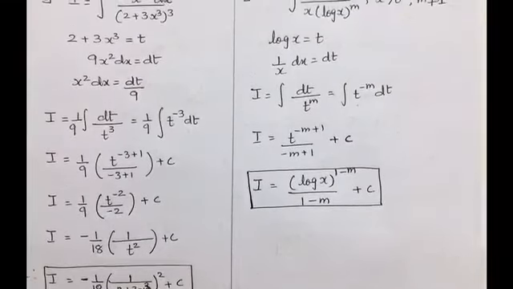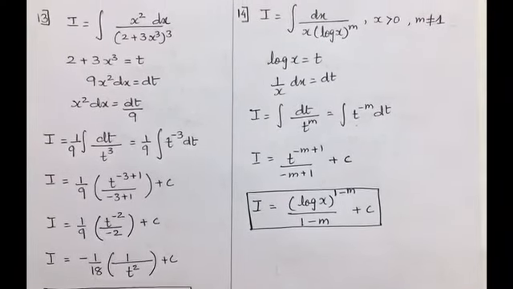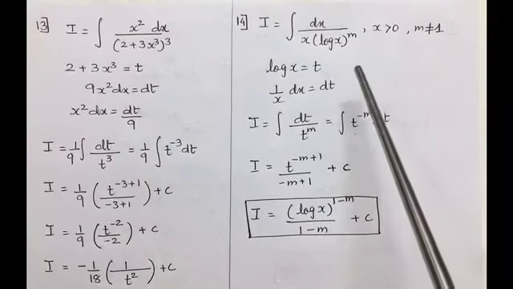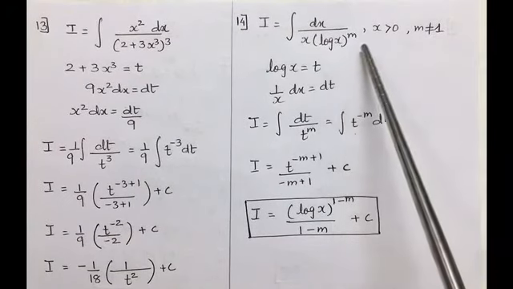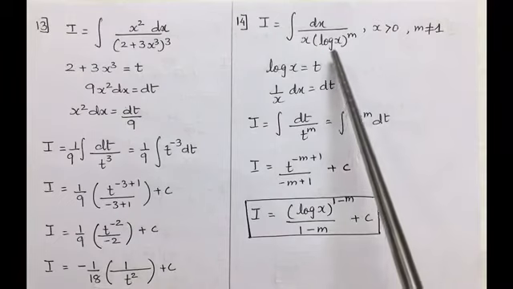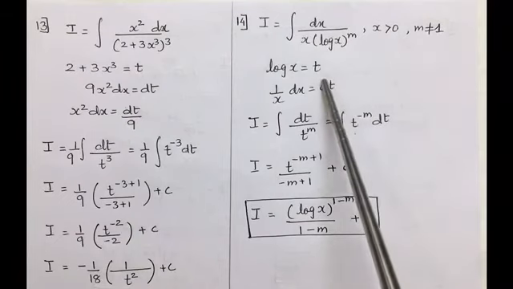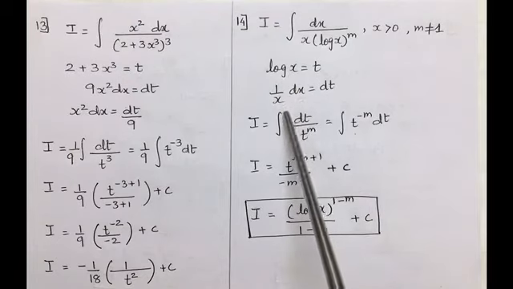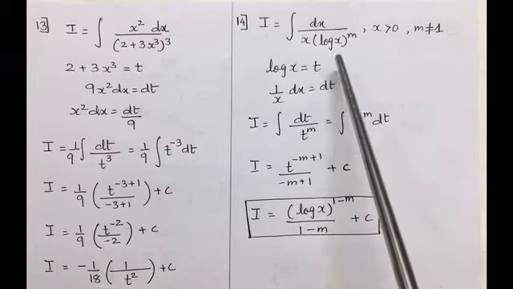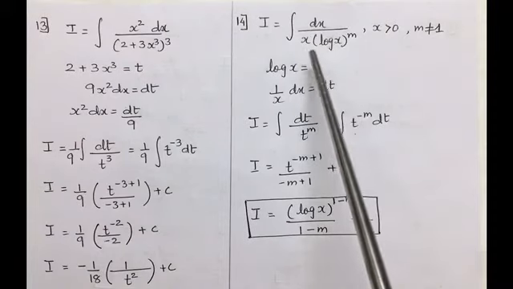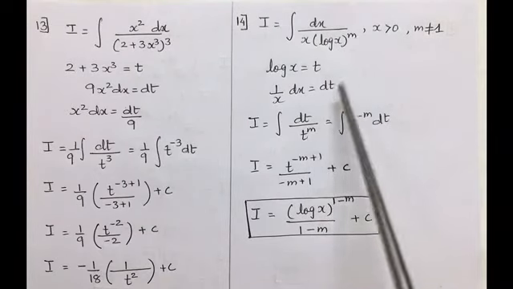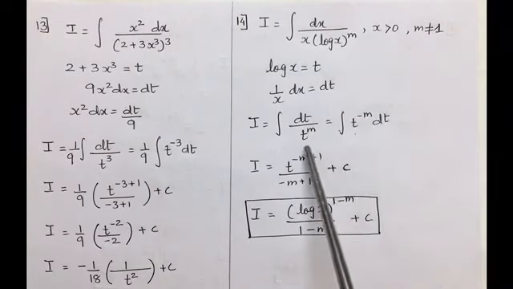Now 14th one, it is given as I equal to integration of dx upon x (log x) raised to the power m. So here again log x will be assumed as t. Differentiation of log x is 1 by x dx equal to dt. Now putting everything in the example, dx upon x is kept as dt. Log x raised to m. So in the place of log x, t is kept.